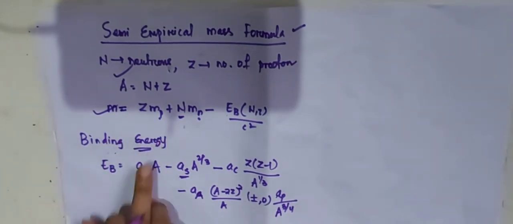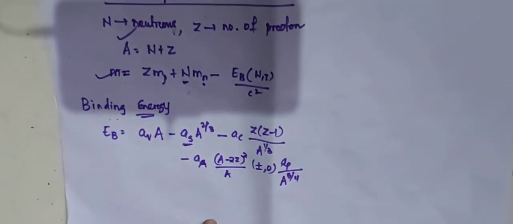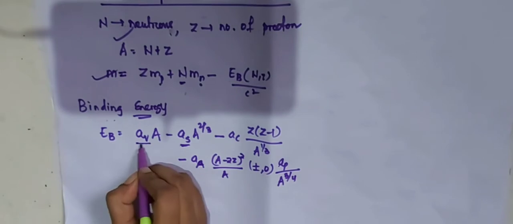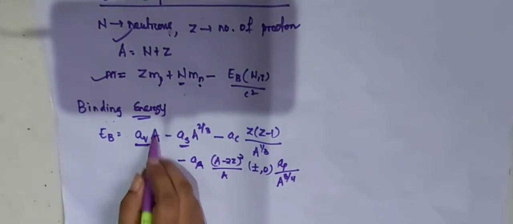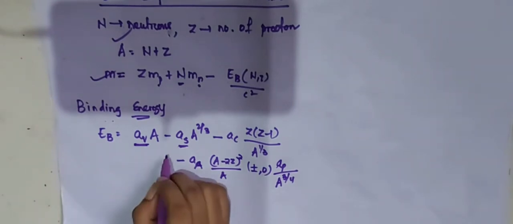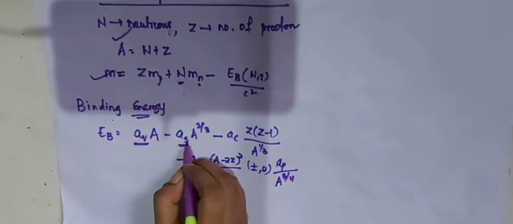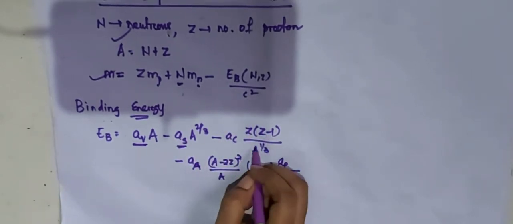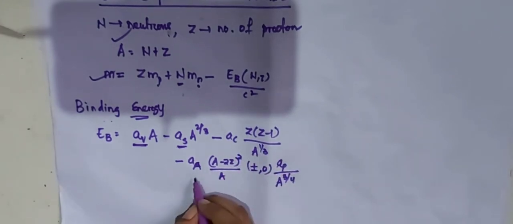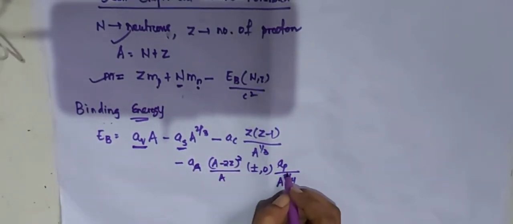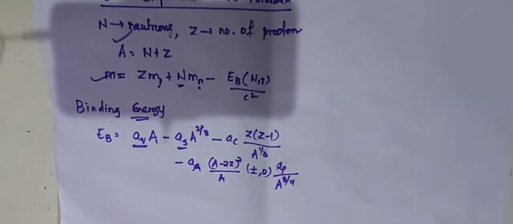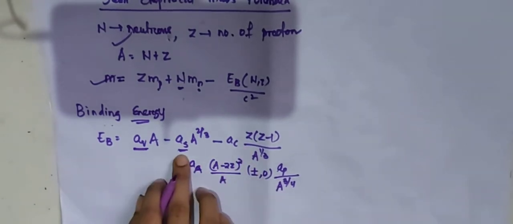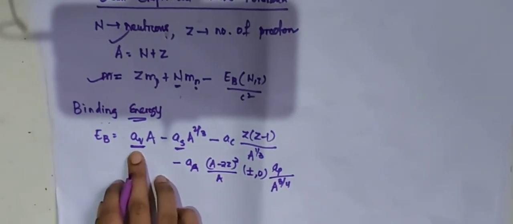So this binding energy we can write as Eb is equal to Av A, where Av is the volume energy term, minus As A to the two-thirds, the surface energy term, minus the Coulomb energy term, minus the asymmetric energy term, plus or minus the pairing energy term.